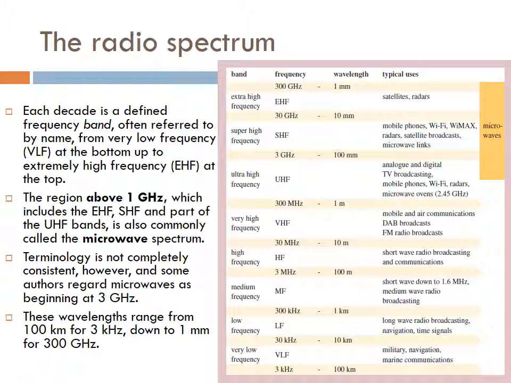Its wavelength ranges from 10 millimeters to 100 millimeters, and these are used for mobile phones, Wi-Fi, WiMAX, radars, satellite broadcasting, and mobile microwave links. Finally, we have extremely high frequency EHF from 30 GHz to 300 GHz, and its wavelength ranges from 1 millimeter to 10 millimeters, and these are mainly used for satellite broadcasting and radars.